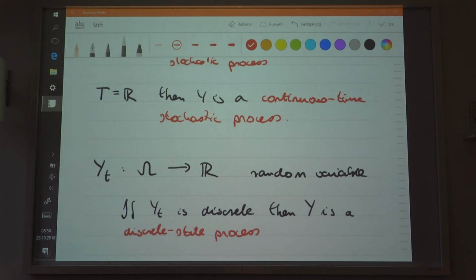And let's say the random variable is discrete for all t, so for all time.